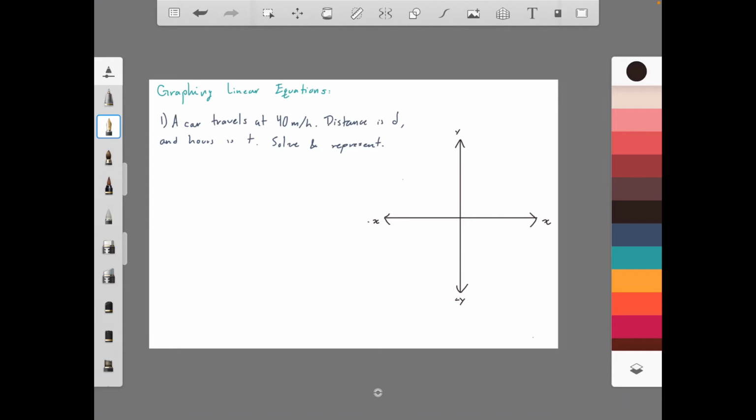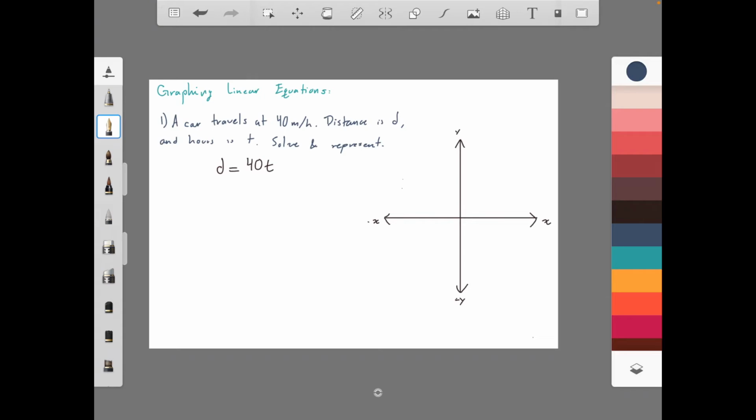So the summary of this is d is equal to 40t, or distance is equal to 40 miles per hour times time. Now we're going to show it in a graph.